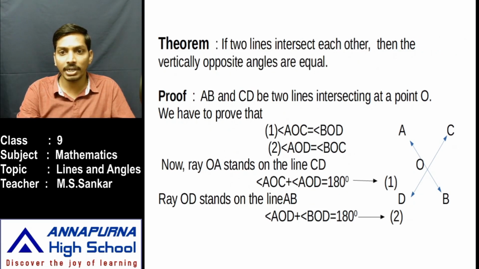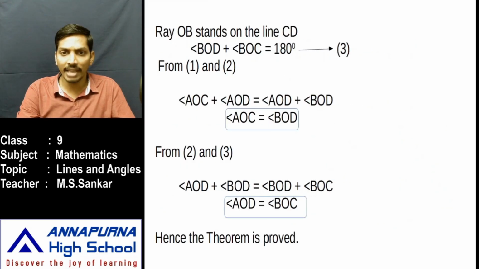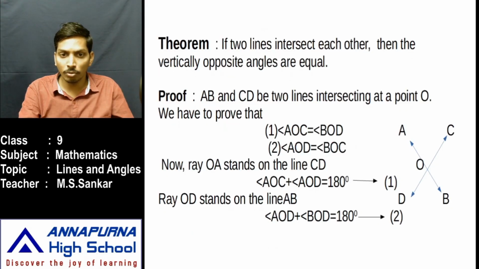Next, the most important theorem relevant to vertically opposite angles. Statement: if two lines intersect each other, then the vertically opposite angles are equal. Proof. First, see the figure. AB and CD are two lines intersecting at a point O. The two lines form four angles: angle AOC, angle BOC, angle BOD, angle AOD.